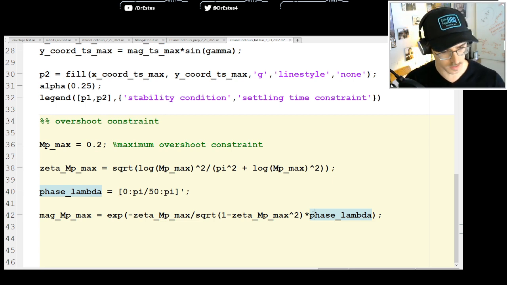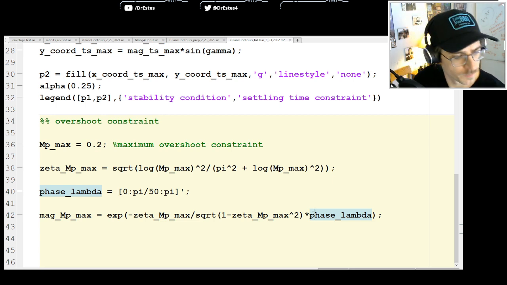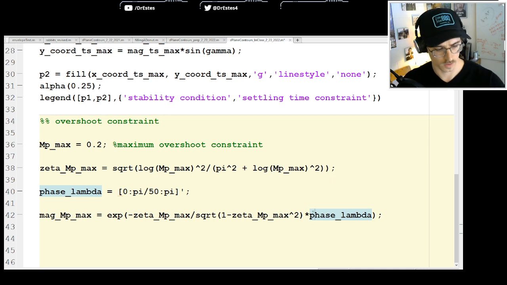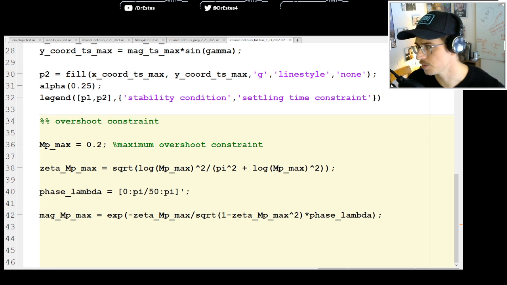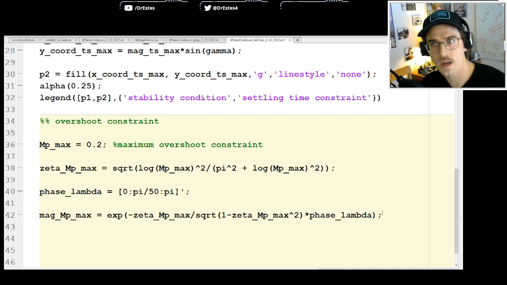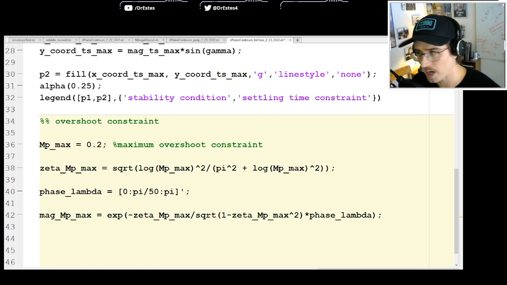So let's continue with this. Okay, yeah, so we have the magnitude, we have the phase. Now I'm going to turn this into X and Y coordinates so we can plot it.